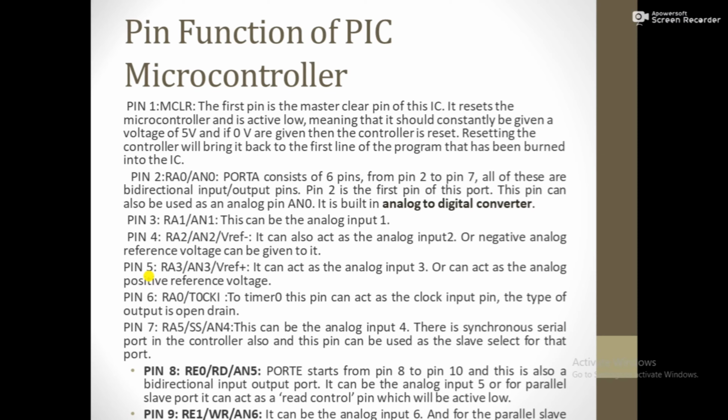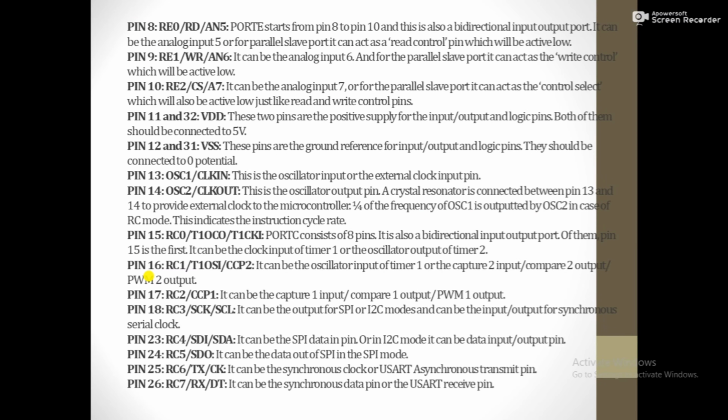And pin 8, that is RE0, port E stands for pin 8 to pin 10, and this is also a bidirectional input output port, and it can be analog input 5 for the parallel slave port. Its main function is that it can act as a read control pin, which will be active low. And RE1 can be analog input 6 and for the parallel slave port.